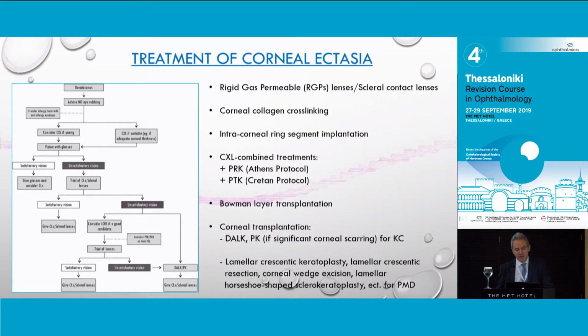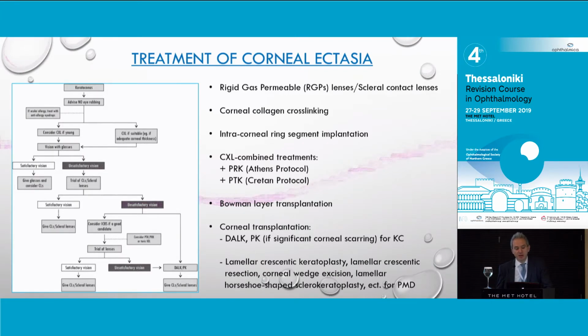So if we have a stable cornea, then we have several minimally invasive options before proceeding to major interventions for improving visual acuity. Implantation of intracorneal ring segments is an option. We can discuss details later on each one of those.